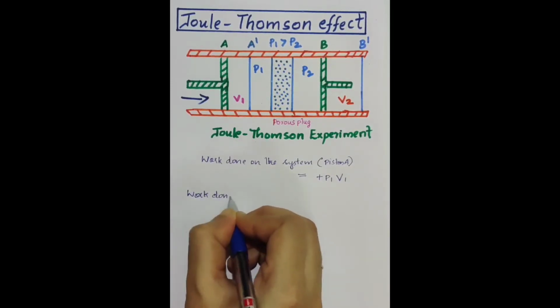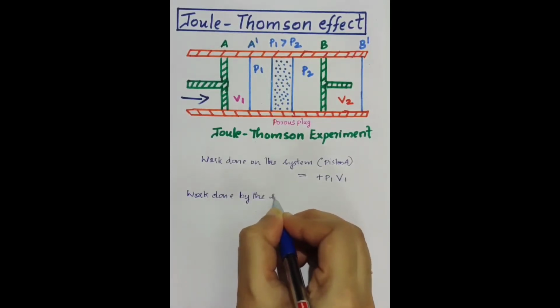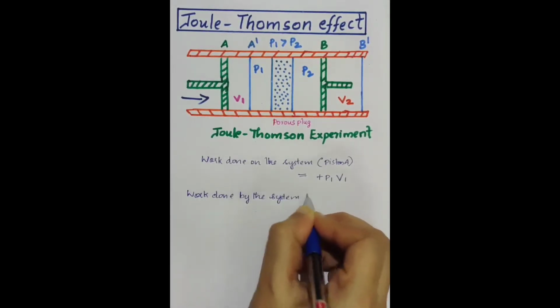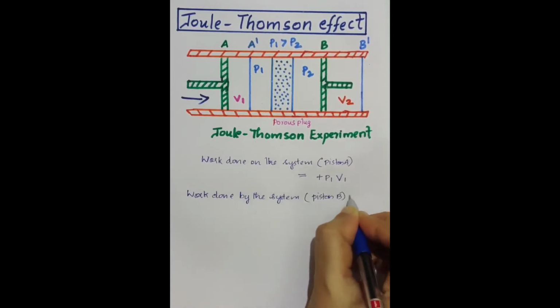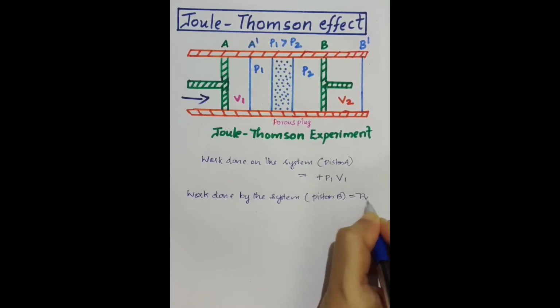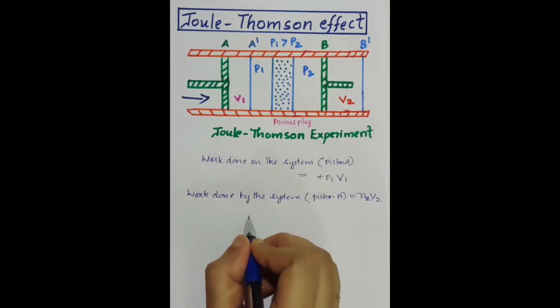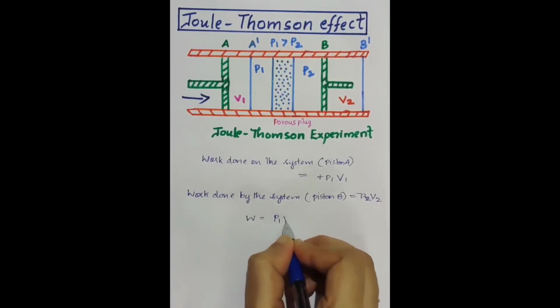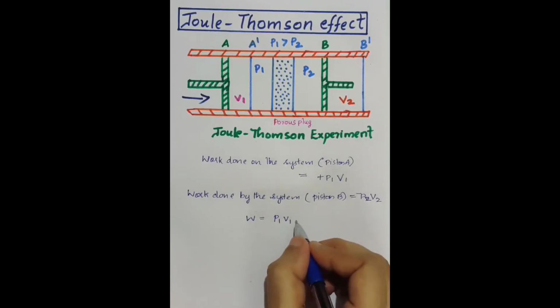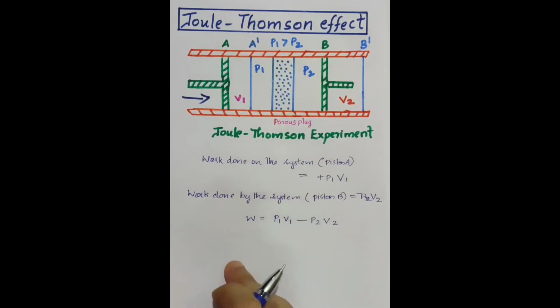Work done by the system at piston B is equal to minus P2 V2. The net work done is W equal to P1 V1 minus P2 V2.